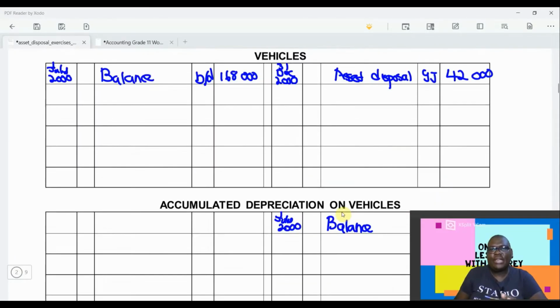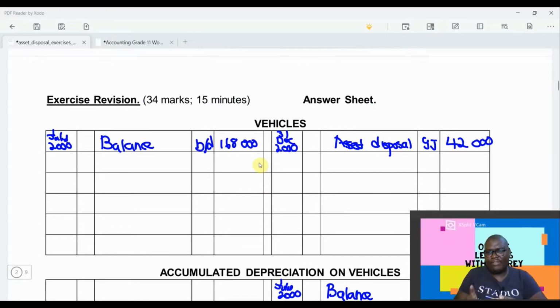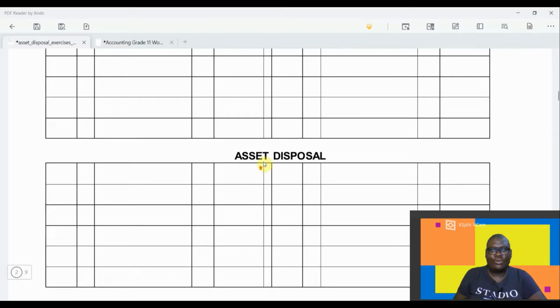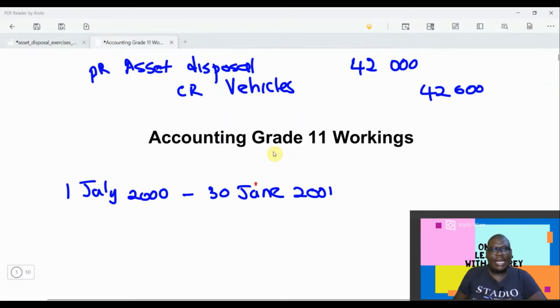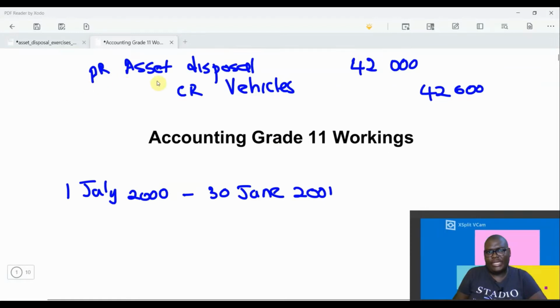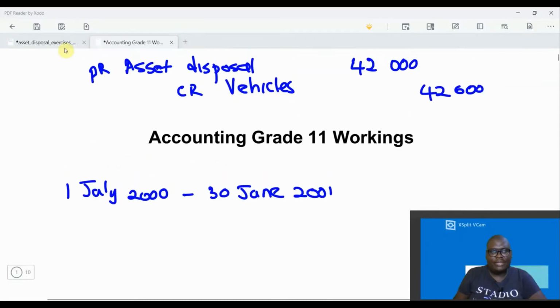We need to show effects also on the asset disposal account, because whatever we're saying is going to be debited must be debited, and whatever we said is going to be credited must also be credited. So we're going to go to the asset disposal account. Here we said that the asset disposal account will be debited, so we're going to debit it by vehicles.